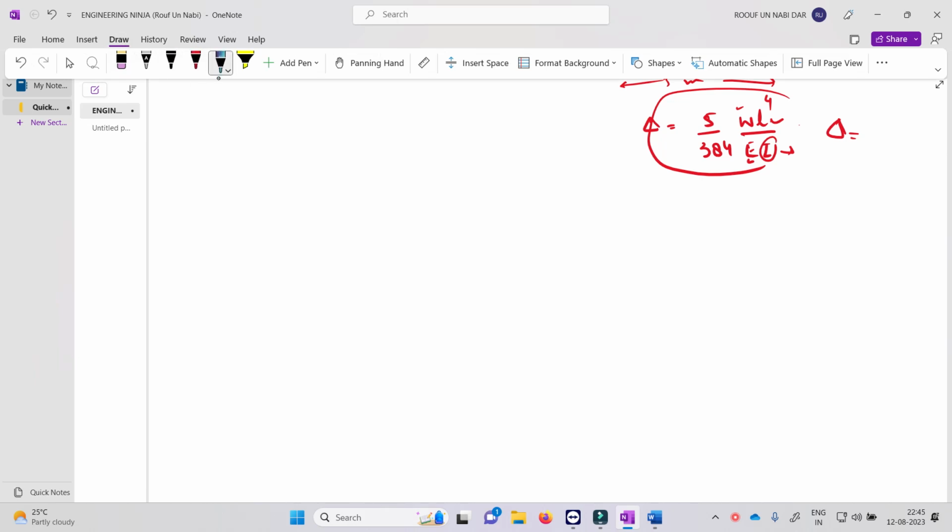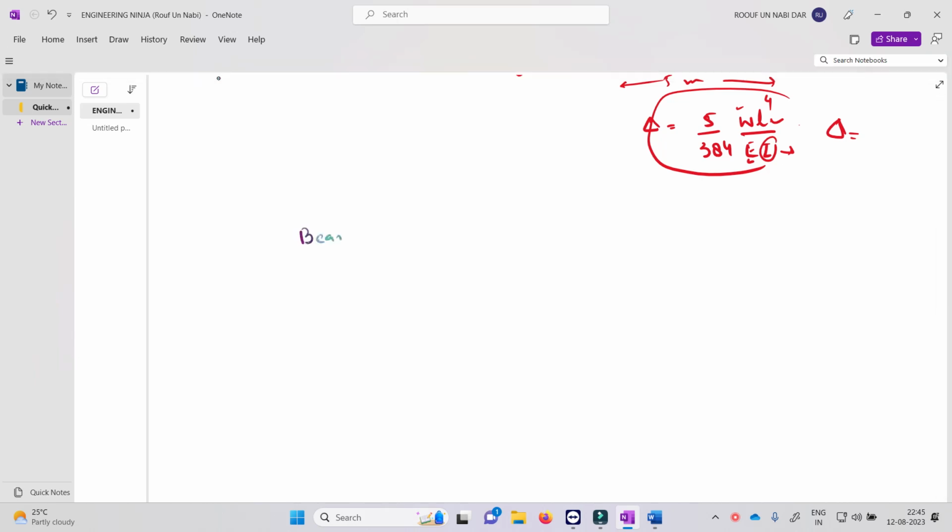Like we'll be looking at, suppose, beam bending, right? We'll be looking at buckling analysis of columns. We'll be looking at impact analysis.